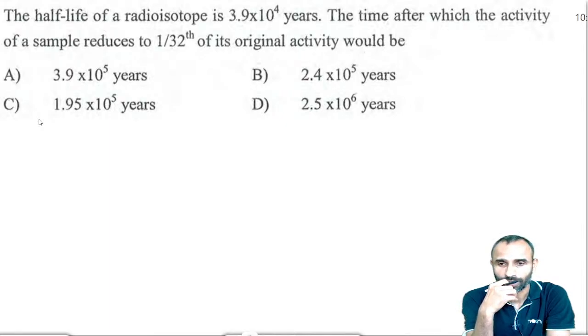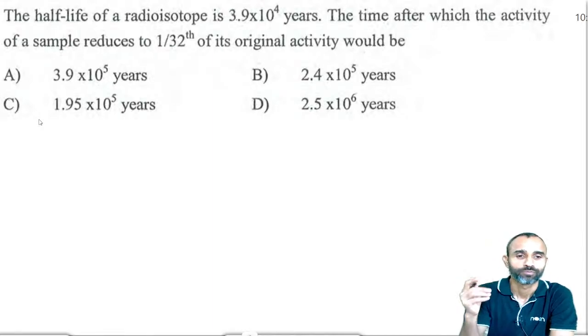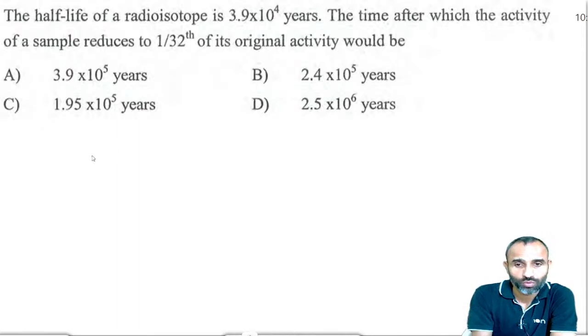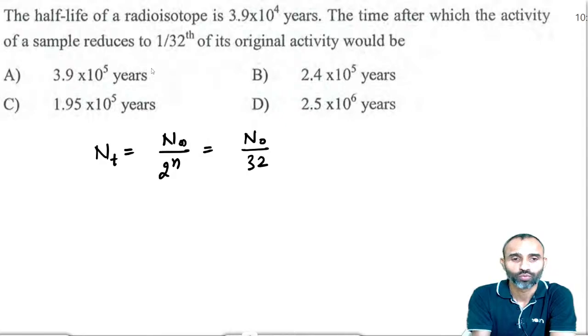So the time after which the activity of the sample reduces to 1 by 32 of its original activity would be... So half-life is given, and the amount left after n half-lives is N naught divided by 32.